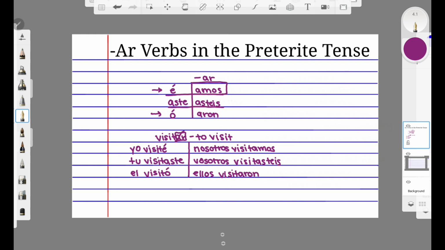So this is our full conjugation chart for the verb visitar in the preterite tense in Spanish.